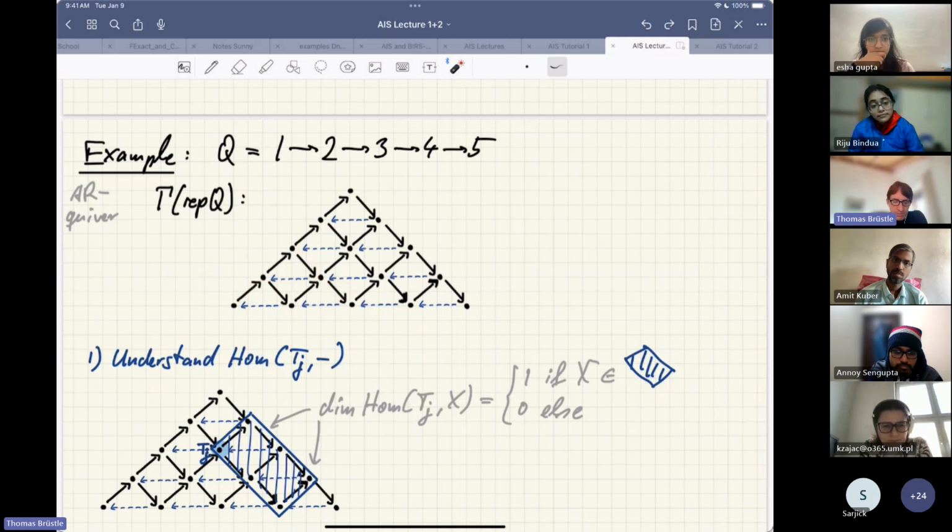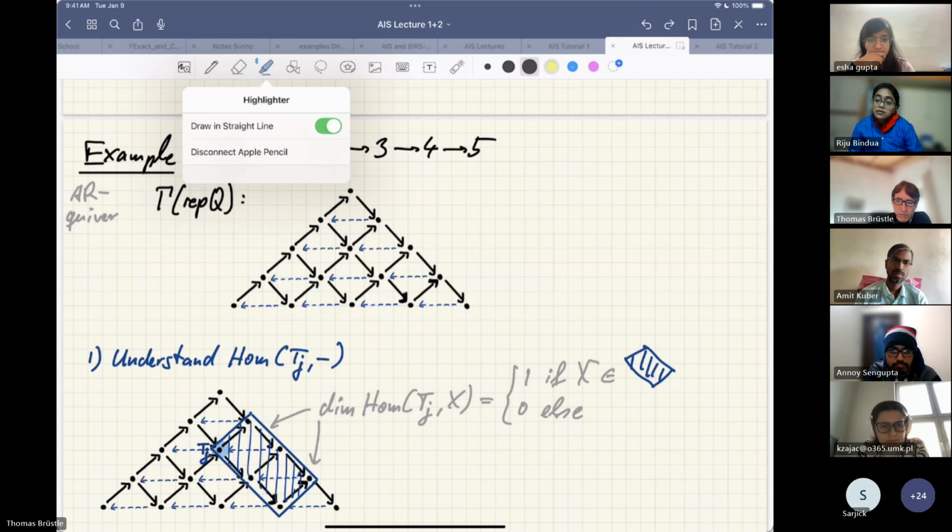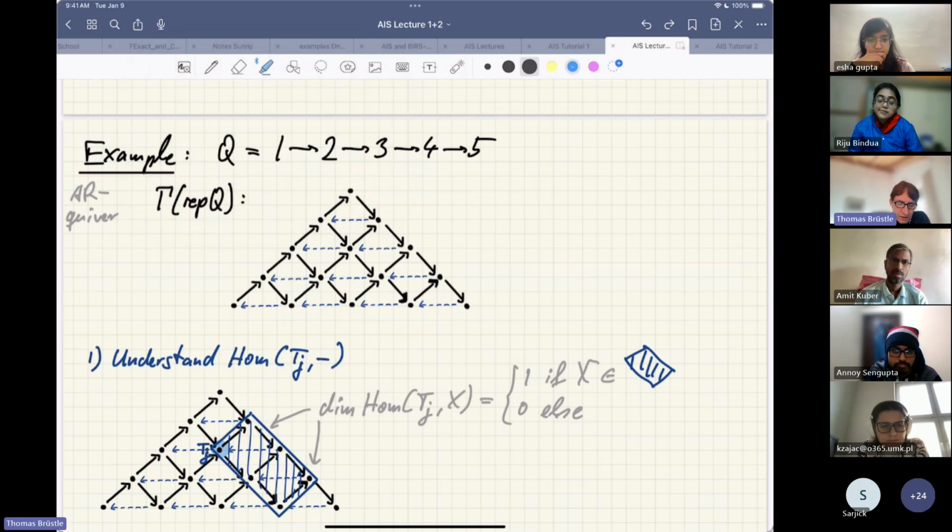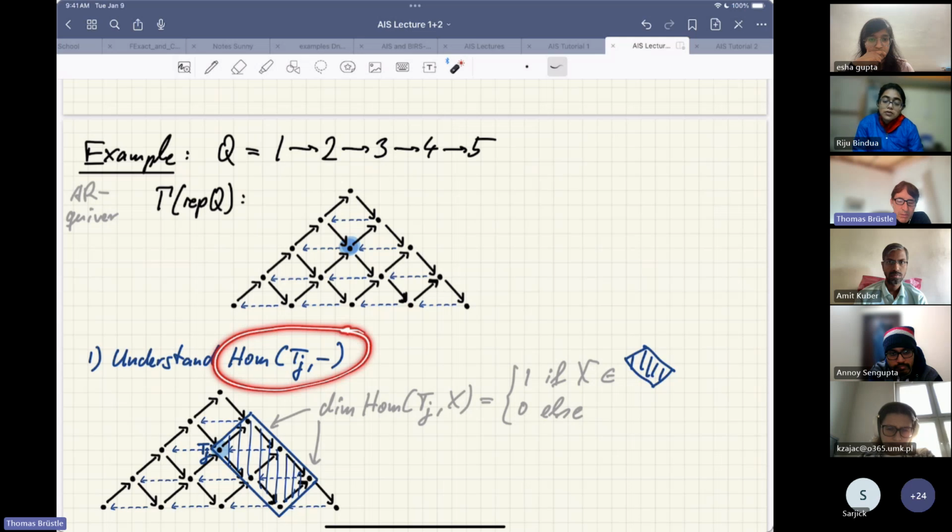So if I want to find some tilting modules, I will choose one indecomposable, say this one. Say this is going to be my one summand Tj, and then I want to control, first let's try to understand where Tj maps.